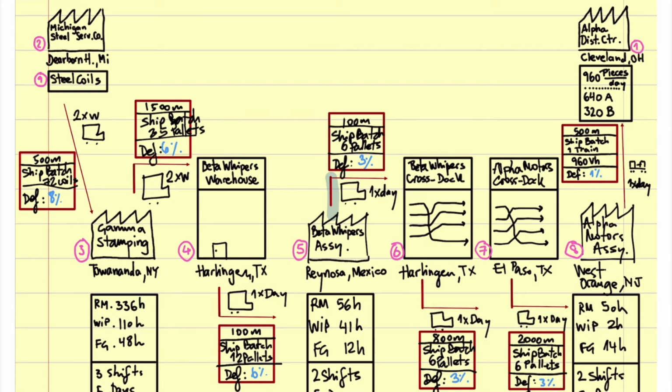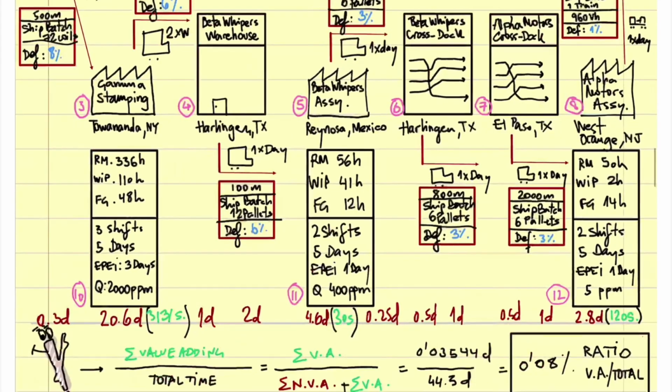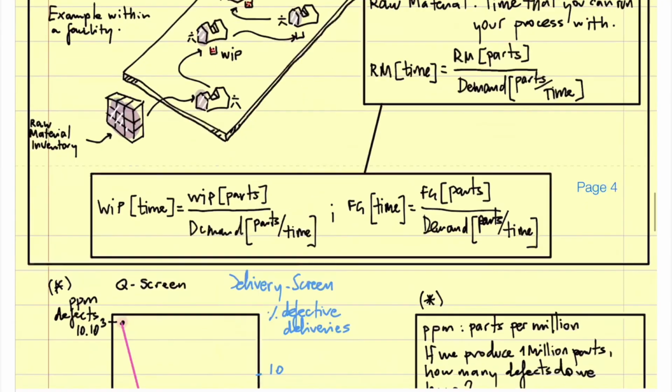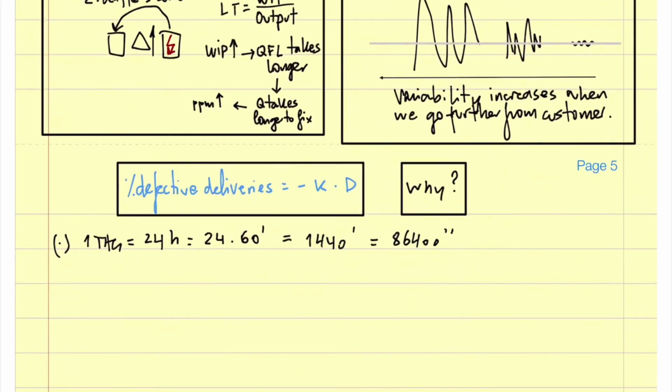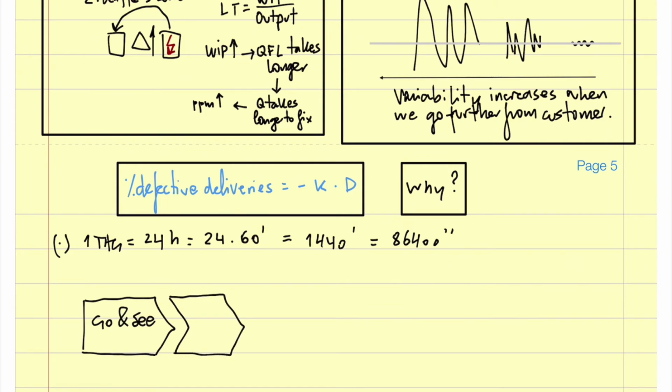What do we do next? As I said, we first go and see. This is the first step. Then we make the process steps.